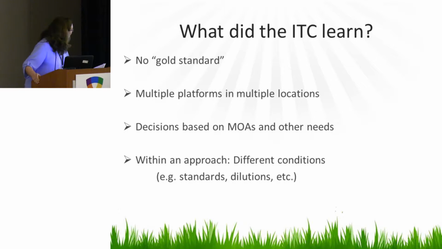And what did we learn? So we agreed with the EMA conclusions that there is no real gold standard assay that should be conducted. There are different formats, and they're all relevant depending on the molecule being investigated. The decision on what assay to conduct and how to conduct it depends on a number of factors, including the mechanism of action.